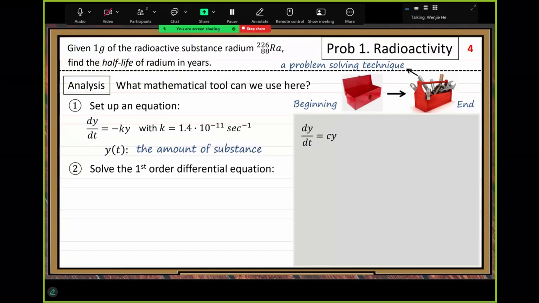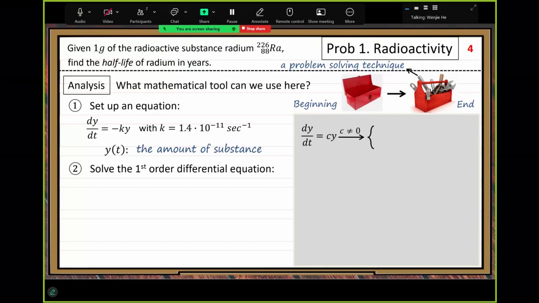We want to solve this equation, so let's look at this general equation: dy over dt equals c, a constant, times y. We want to see how to solve this ODE, c not equal to 0. We assume c is non-zero.